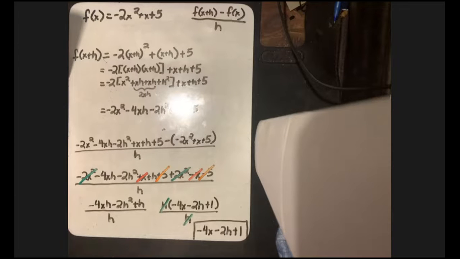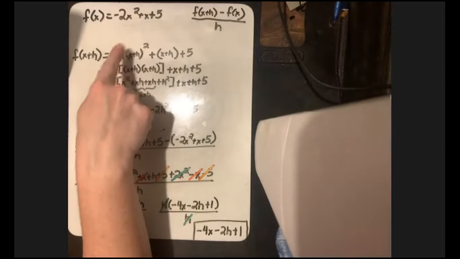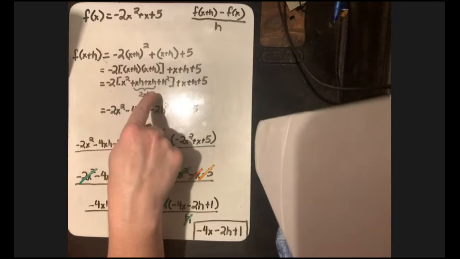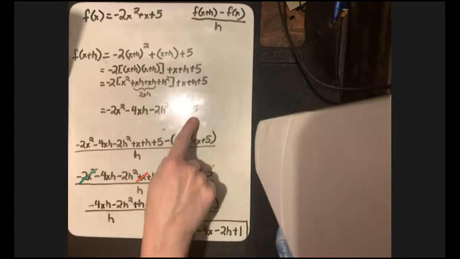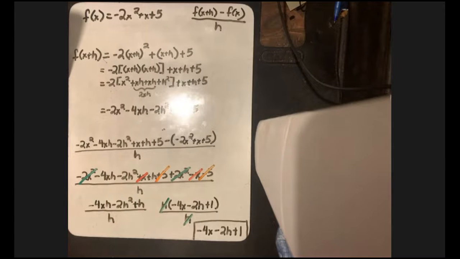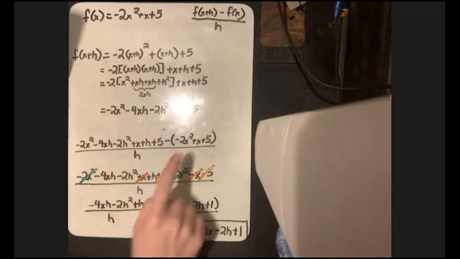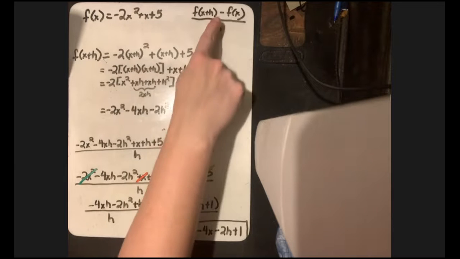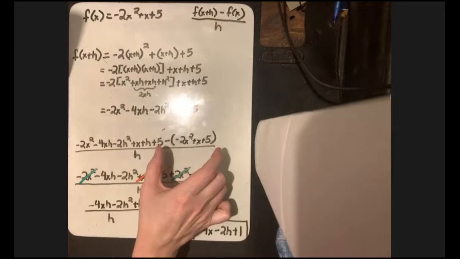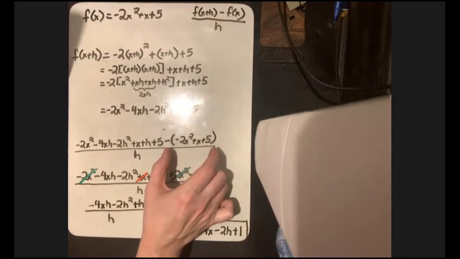Now, this is one of the ones that's a little more involved than what you would see, because we did have to go through this squaring process right here, which is kind of a lengthy bit. It does create more terms that you then have to bring into the full effect, okay? Not every one of them is going to be like that. A couple of good things: make sure that when you subtract the f of x in the equation, you put a set of parentheses around that original piece.